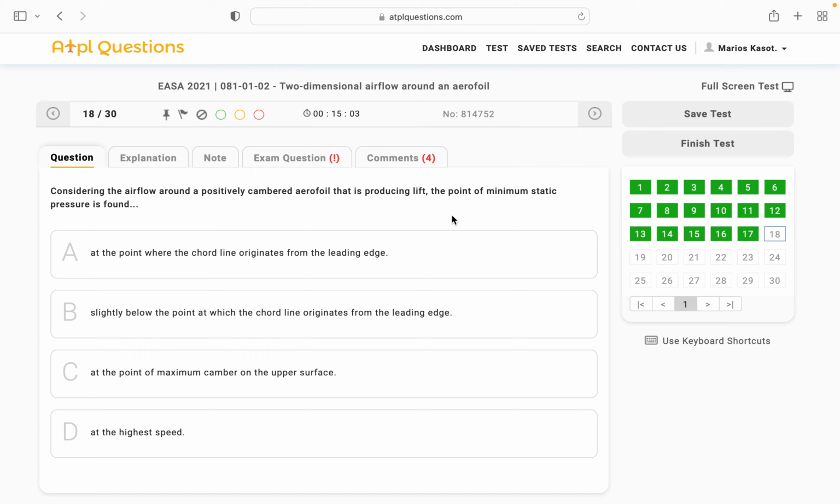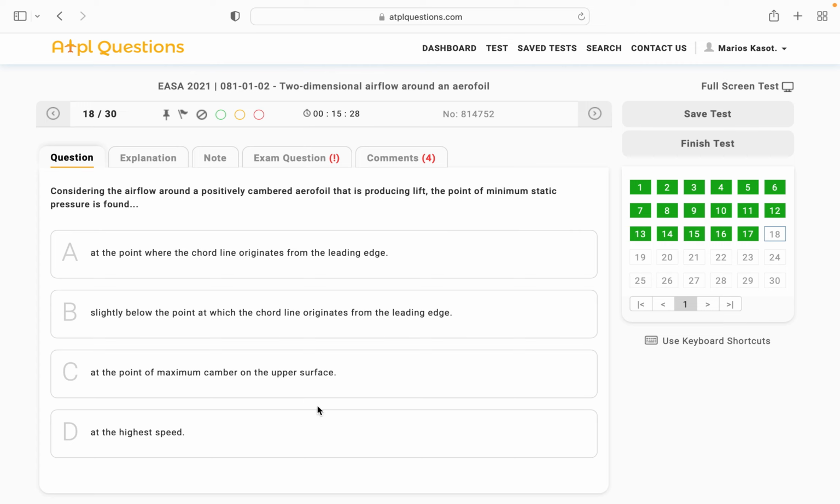Considering the airflow around a positively cambered airfoil that is producing lift, the point of minimum static pressure is found at the point where the chord line originates from the leading edge, slightly below that point, or at the point of maximum camber of the upper surface, at the highest speed.